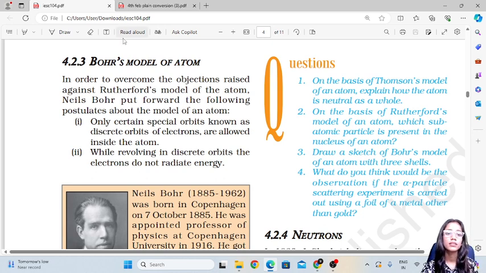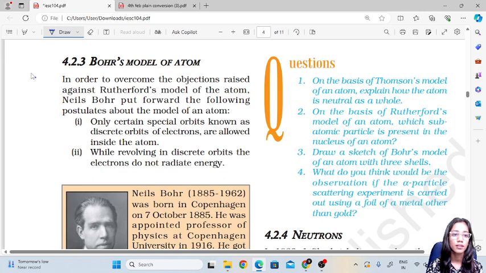That's the reason another scientist, Niels Bohr, put forward some of the following postulates about the model of atom. Now let's see what were his postulates. The first postulate was electrons revolve around special orbits known as discrete orbits, which are allowed inside the atom. Now what does this mean? We know that there is a nucleus in the atom as found by Rutherford.